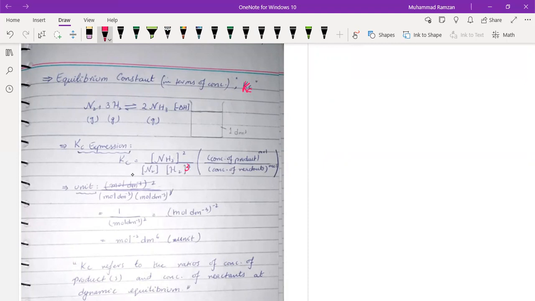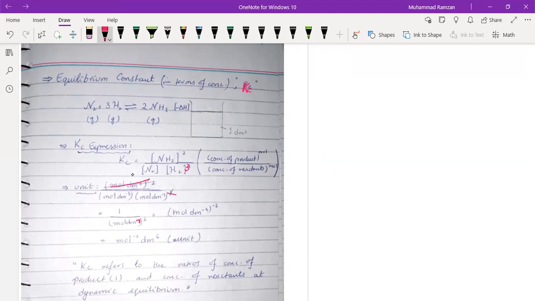So basically, this will cancel out, mole squared dm minus 3 minus 6, it will be minus 6, so mole minus 2 dm 6.